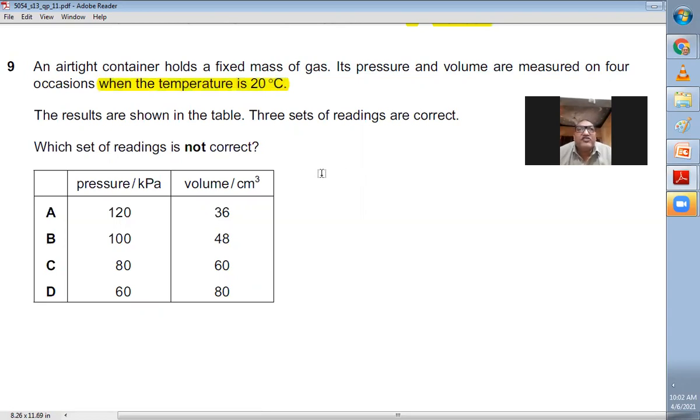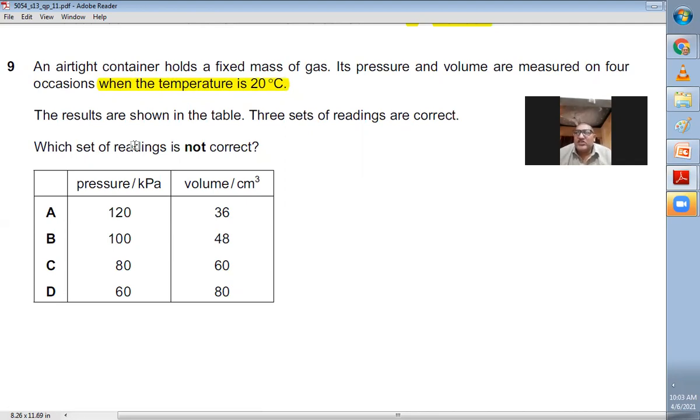So you see the temperature will not be changing. If the temperature is not changing for the gas, we have the formula P1 V1 equals P2 V2 equals P3 V3 equals P4 V4. The product of the pressure and the volume should remain constant. So in each option, I will multiply the value of the pressure with the value of the volume and check the answer.